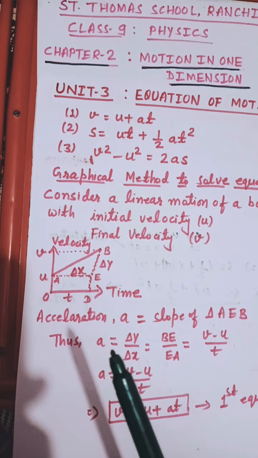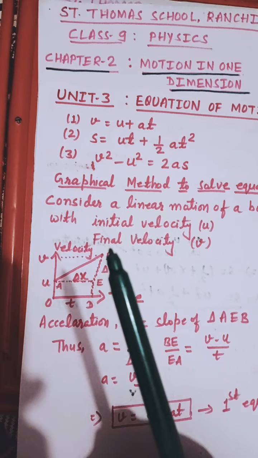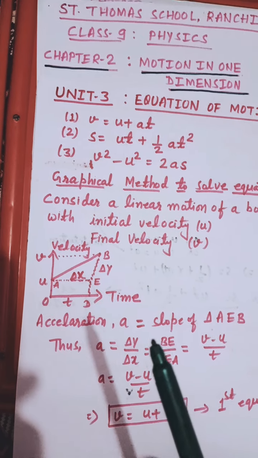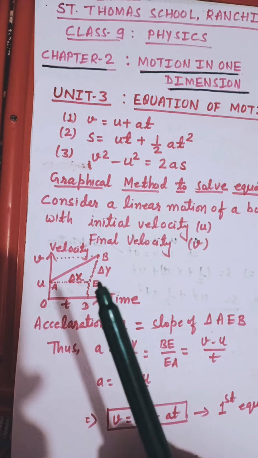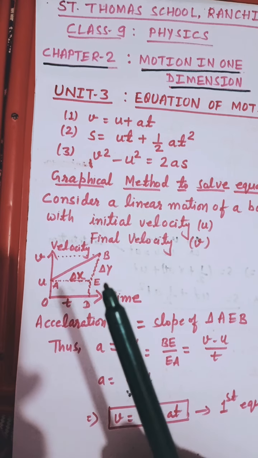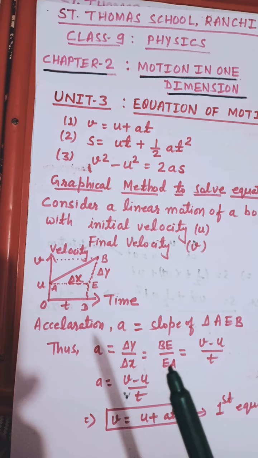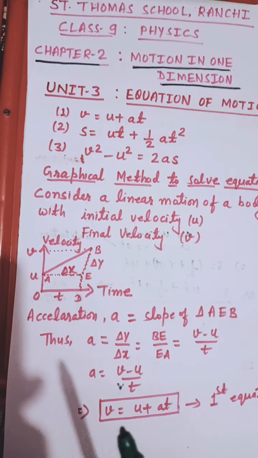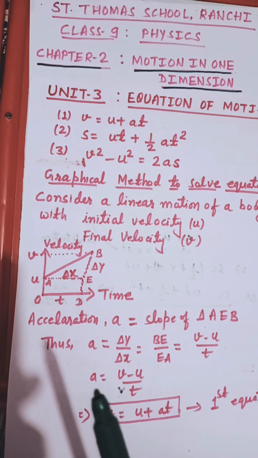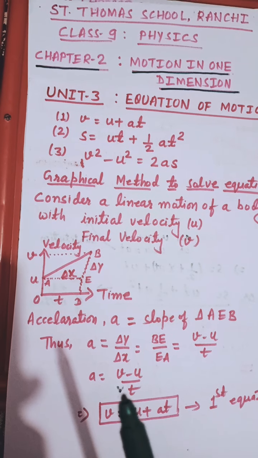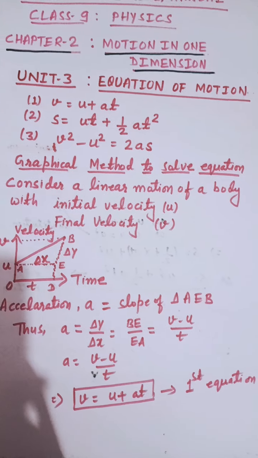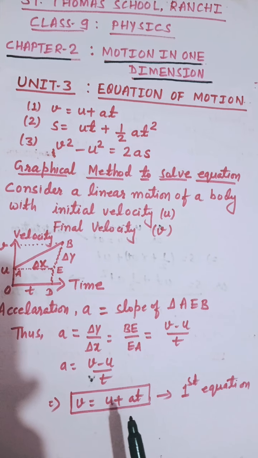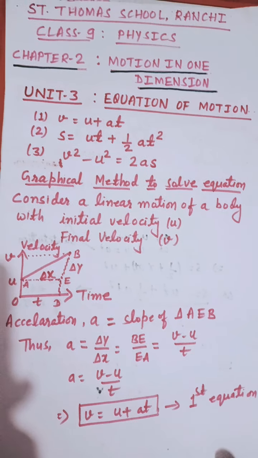As we discussed in the second unit, the slope is delta y by delta x. Thus BE is the delta y portion, and AE is the delta x portion. When we resolve this we get v minus u by t, and thus we get the first equation of motion: a is equal to v minus u by t, the simple formula of acceleration. That is, v is equal to u plus at. This is the first equation of motion.